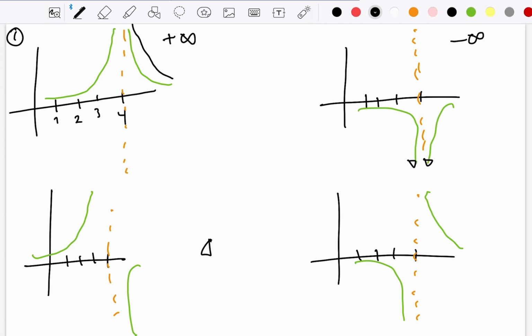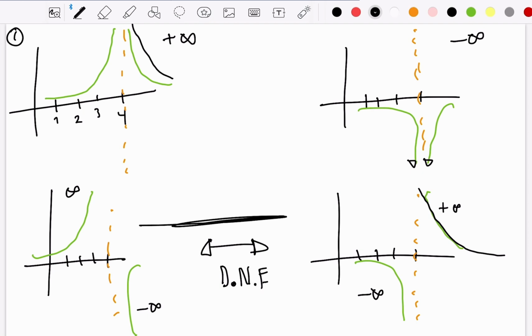What happens in these two cases? In these two scenarios, you see, from the left I'm approaching positive infinity, but from the right I'm approaching negative infinity. And here, the opposite. From the left I'm approaching negative infinity, and from the right I'm approaching positive infinity. In these two cases, it's when we can say that the limit does not exist.